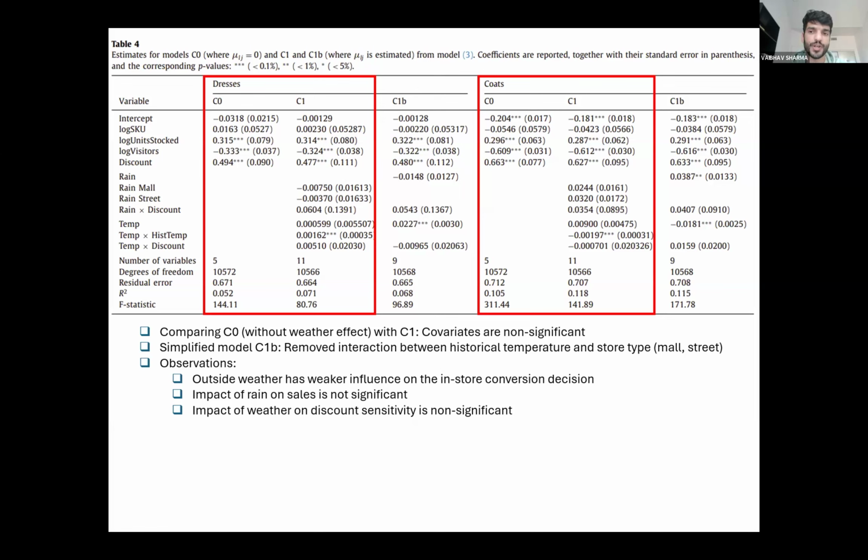And for hypotheses 4 and 5, which talk about the discount sensitivity to temperature and rain, if you look at the rows rain times discount and temperature times discount, you will notice that these values are not significant, which basically invalidates the last two hypotheses.